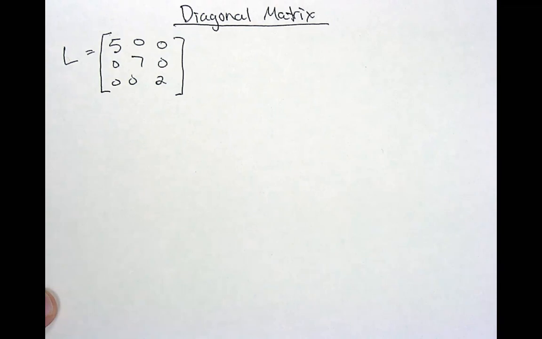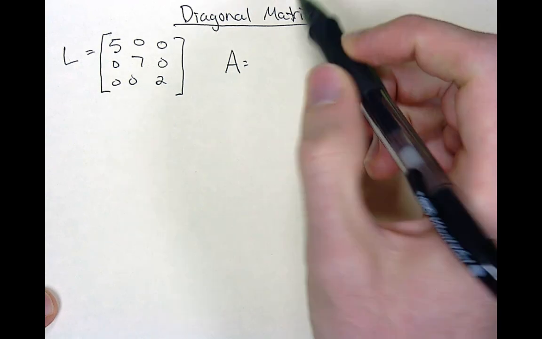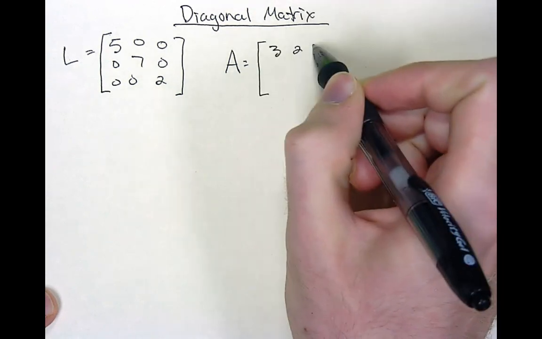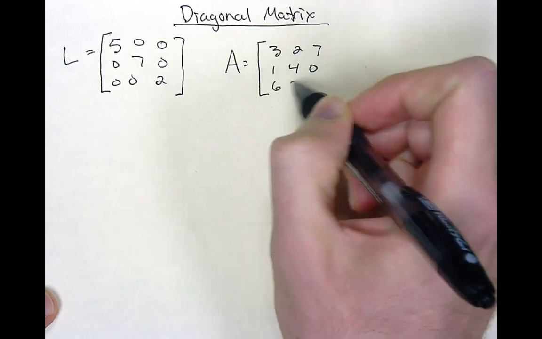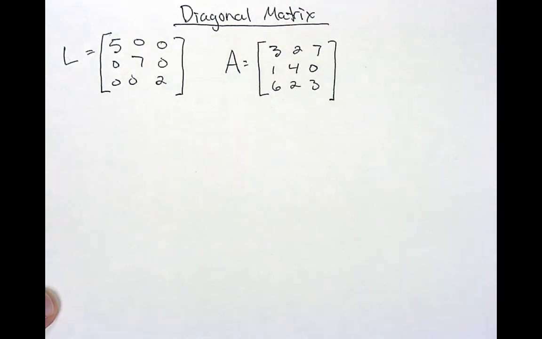Now, diagonalization can be done on any square matrix. So let's go to our matrix A, which is 3, 2, 7, 1, 4, 0, and 6, 2, 3 going across. And in order to diagonalize matrix A, you just zero out every non-diagonal element.